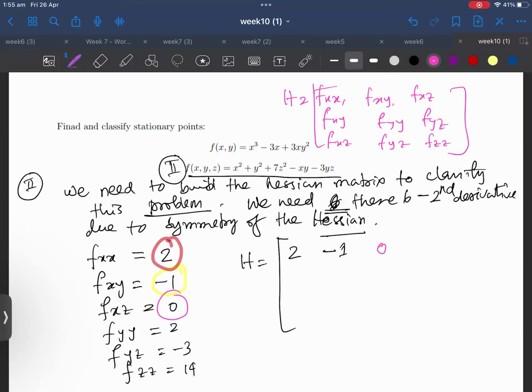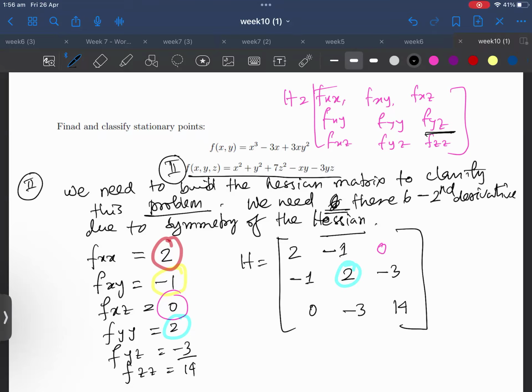So this is the Hessian matrix. We just need to plug in the values accordingly. So we have 2, -1, 0, then -1, 2, -3, and then 0, -3, 14. This is the Hessian matrix.